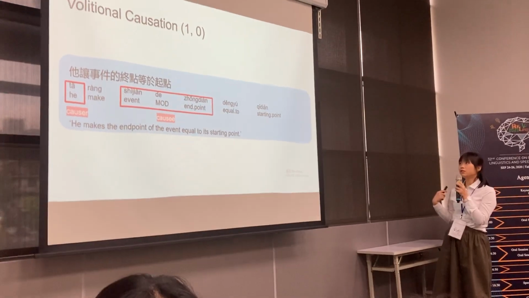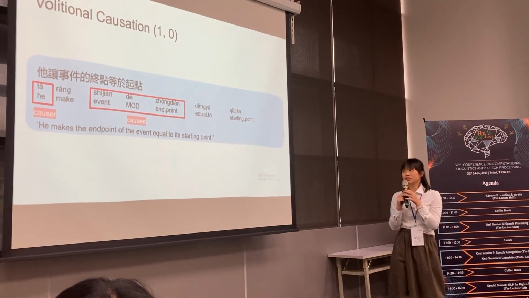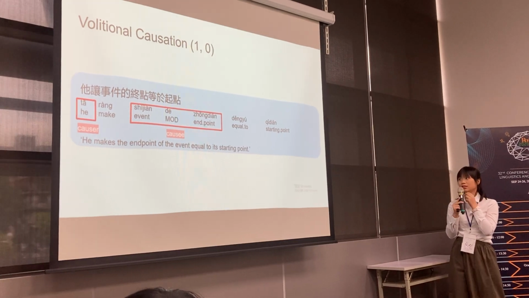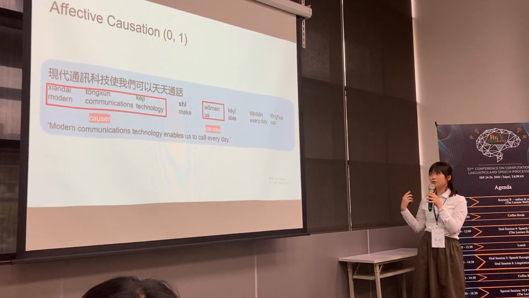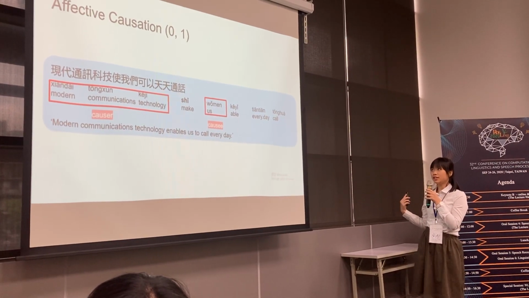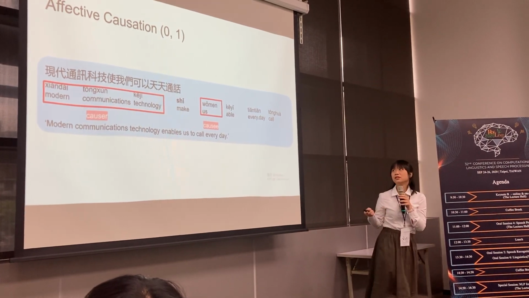This is an example of volitional causation. As we can see, the causer, which is he, is mental, while the causee is non-mental. Finally, we have an example of affective causation. The causer here is non-mental, and the causee here is mental.